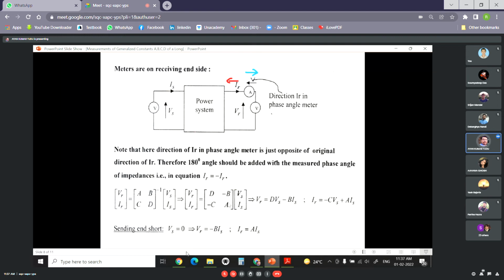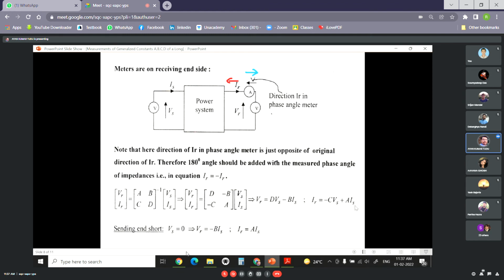So now, what is VR by IR? [VR, IR] equal to ABCD inverse into [VS, IS]. That expression comes out to be VR equal to D VS minus B IS, IR equal to minus C VS plus A IS. When sending end is short, VS would be equal to 0, and we apply that into this equation. So VR would be equal to minus B IS, IR would be equal to A into IS.